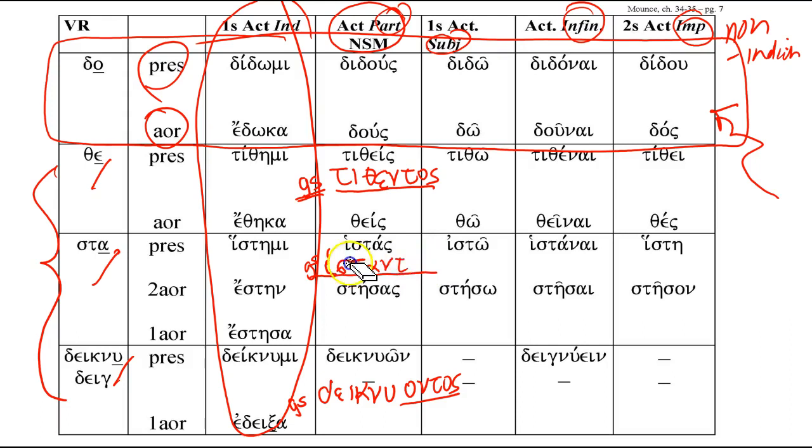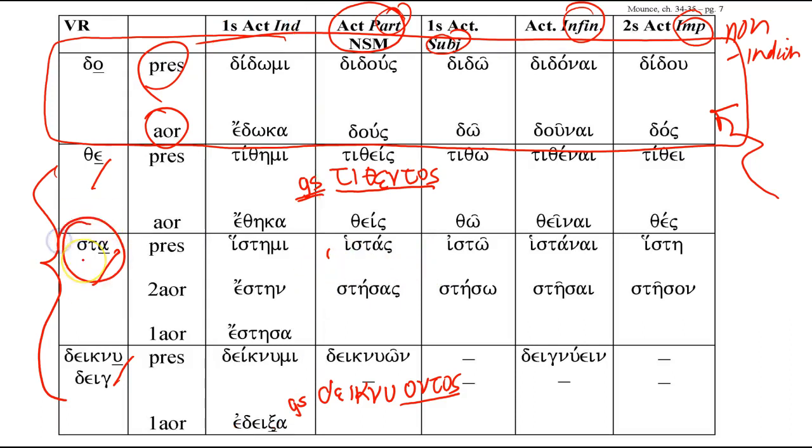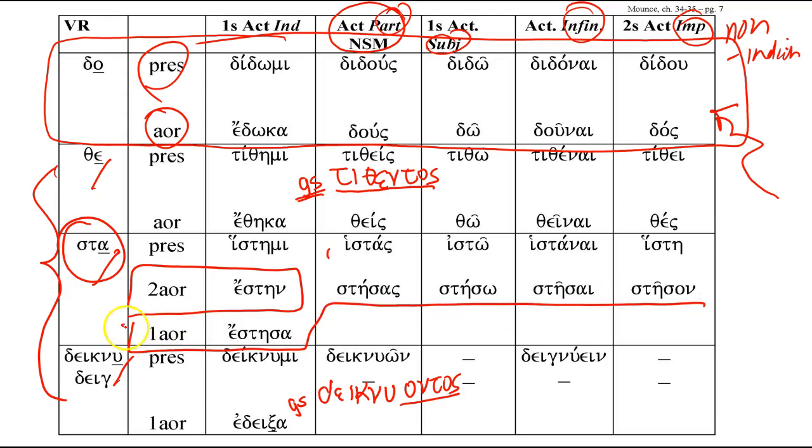One other note is that for this, again, the quirky thing about the sta or the alpha mi verbs is that while it has a second aorist indicative form, the first aorist indicative form is actually used for all the other moods.